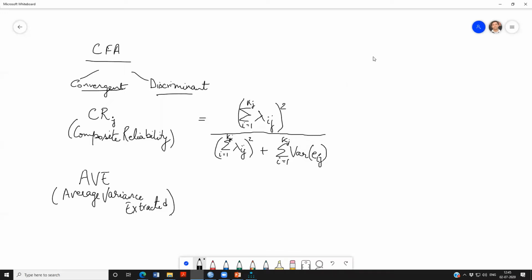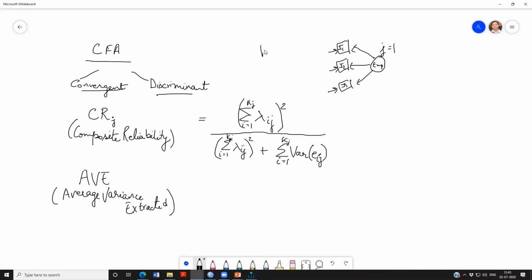Now the first factor that we had, let us do it for the first one. EMP had 3 items, right? So J is equal to 1. We are computing the composite reliability for the first latent factor, and we had 3 items, I1, I2, I3.